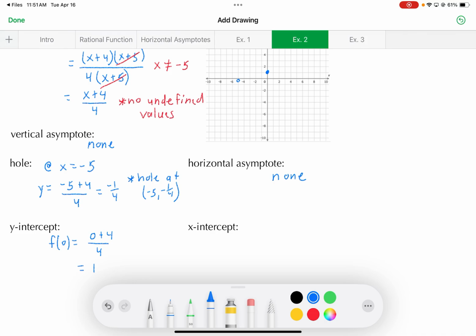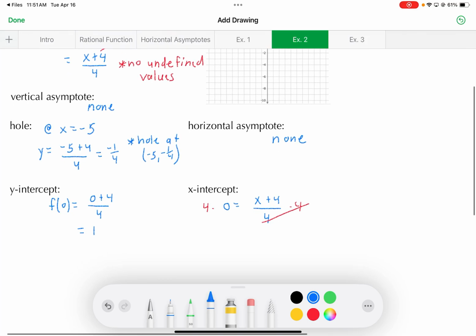For the x-intercept, you're going to plug 0 in for y. Solve that for x. Multiply by 4 to clear the fraction. 4 times 0 is 0, equaling x plus 4. That means x is -4.